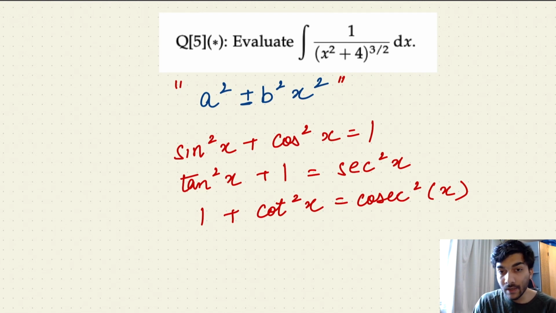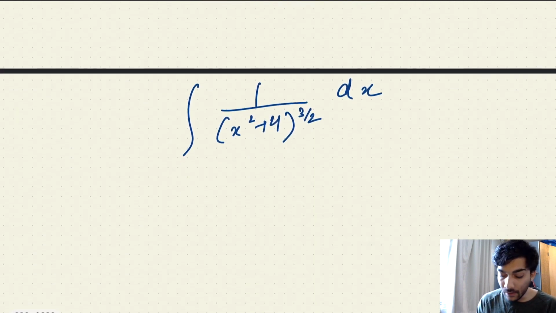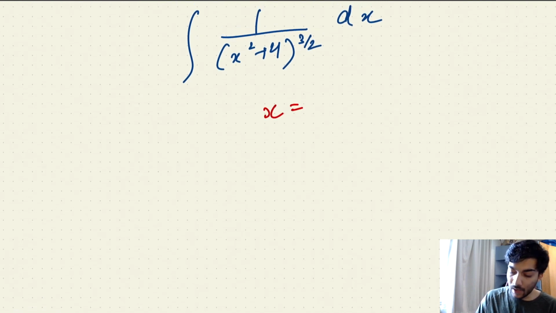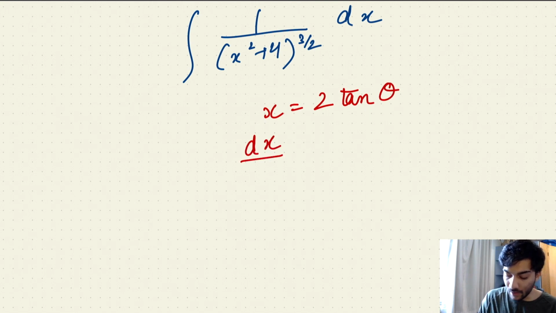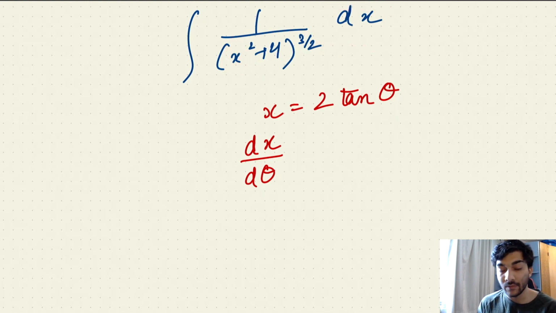So let's use that observation. Let's assume our x to be 2 tan theta and see if this simplifies our integral or not. Now we calculate the derivative of x with respect to theta, because since we are converting all the x terms, we'll have to change our dx expression as well, right?